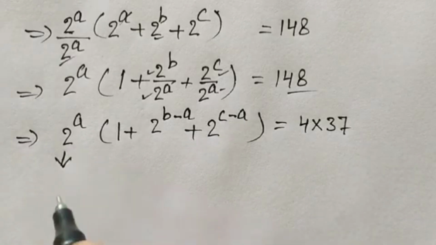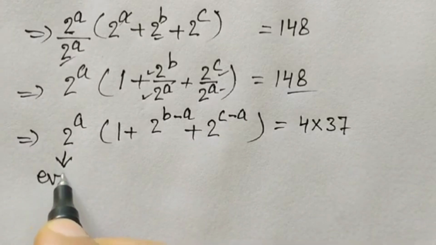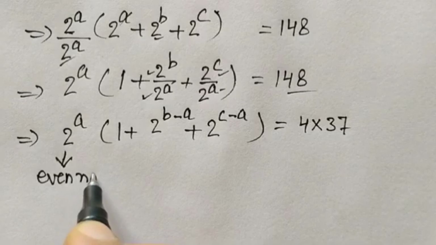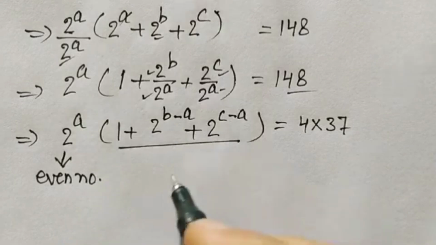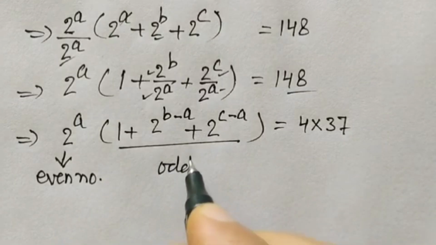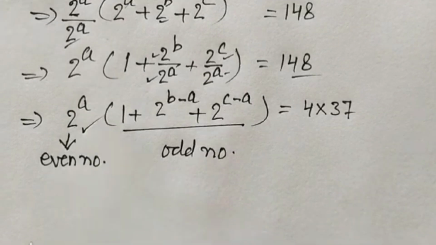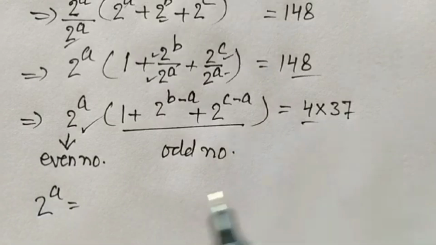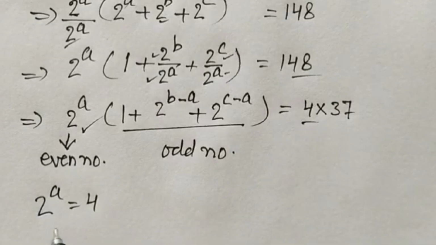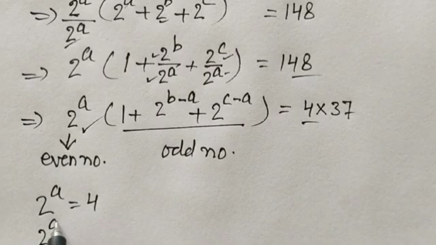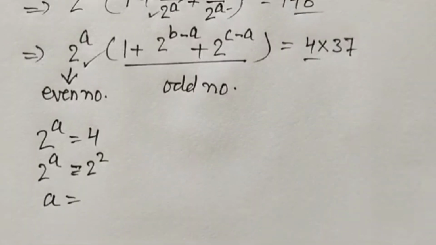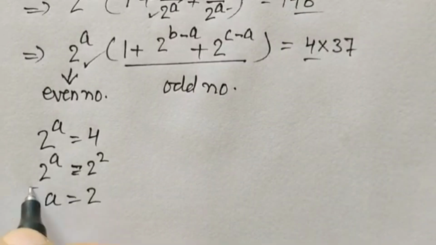Now this factor is even and this one is odd. So we can say 2^a is equal to 4, or 2^a = 2^2, so a will be equal to 2.